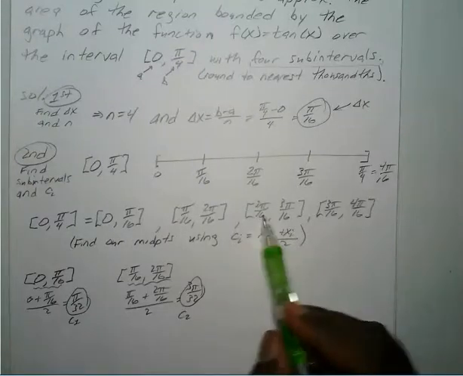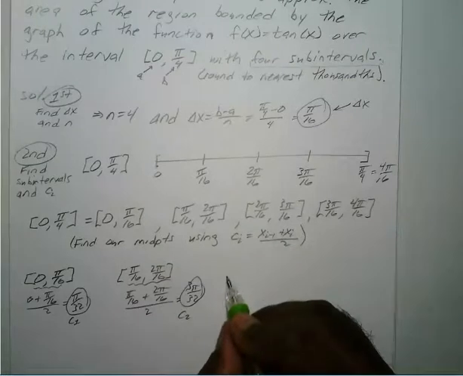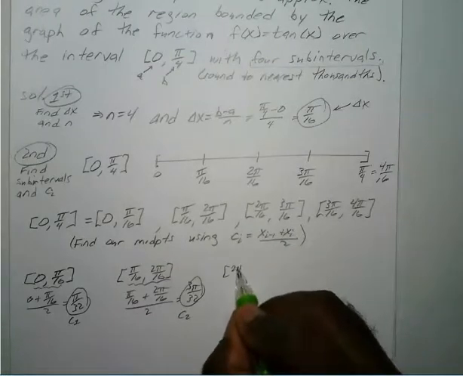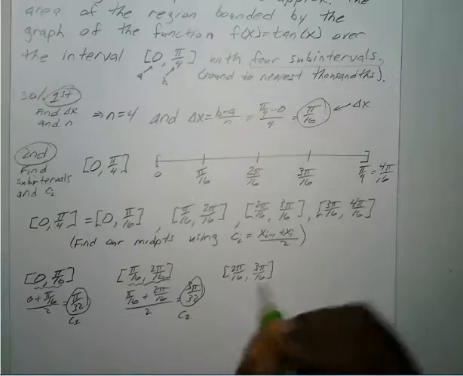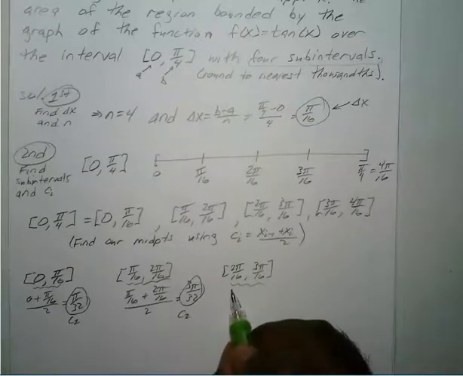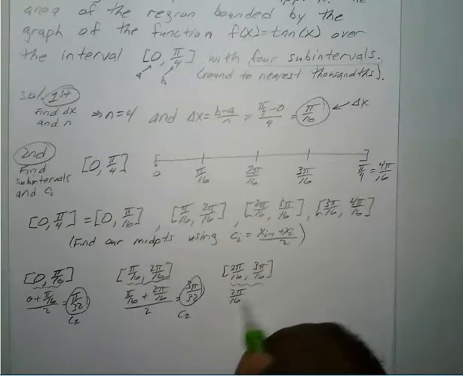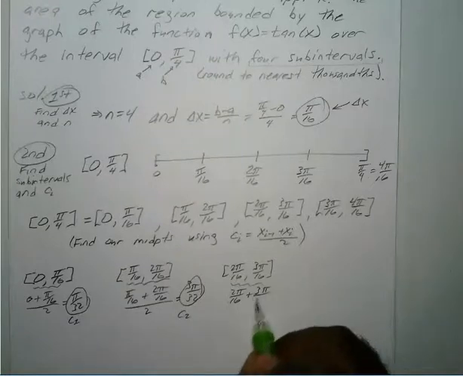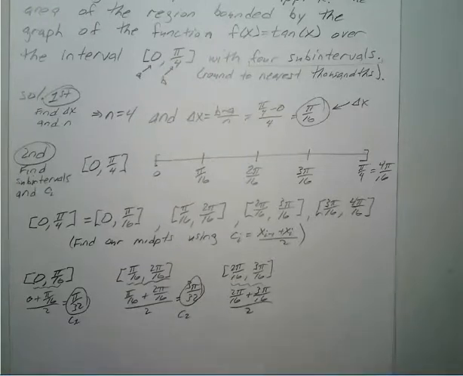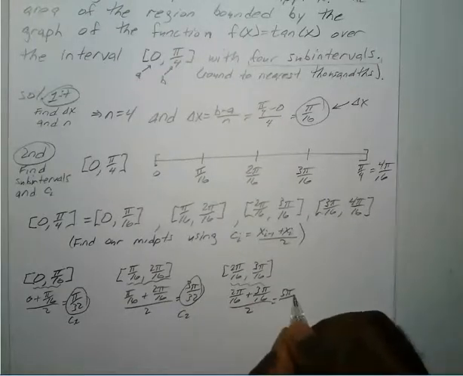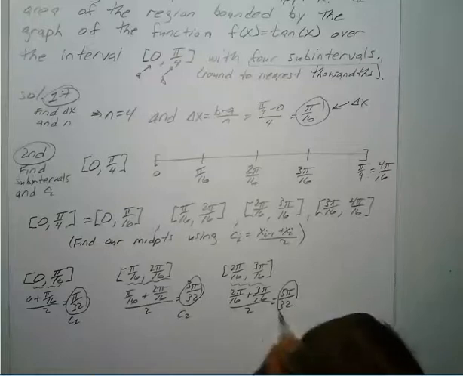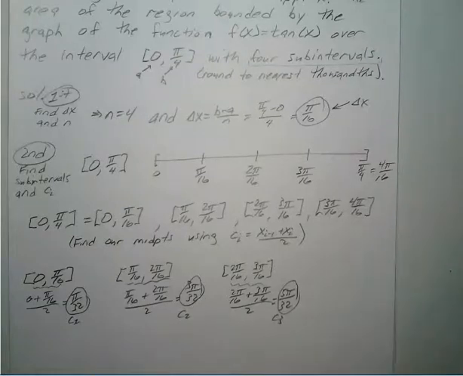Then we go 2 pi over 16 and 3 pi over 16. Okay, so we add those together: 2 pi over 16 plus 3 pi over 16 divided by 2. That gives us 5 pi over 16 divided by 2, which is 5 pi over 32. And that's our C sub 3.